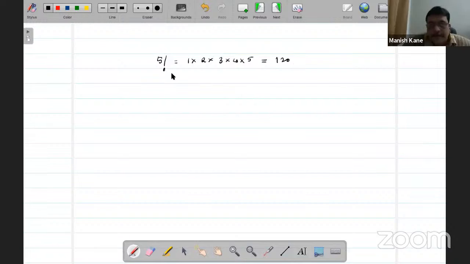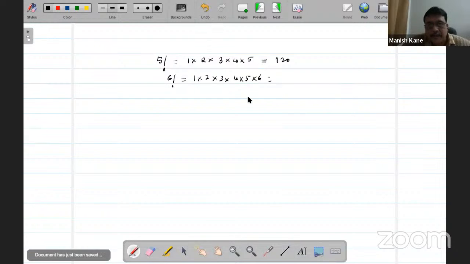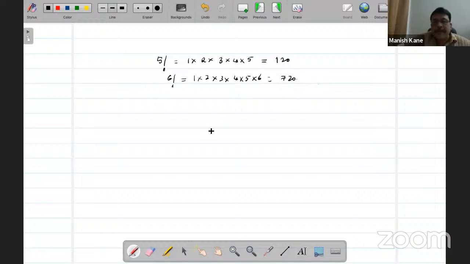So factorial 5 is 120. Factorial 6 will be 1 into 2 into 3 into 4 into 5 into 6, and that makes factorial 6 equal to 720.